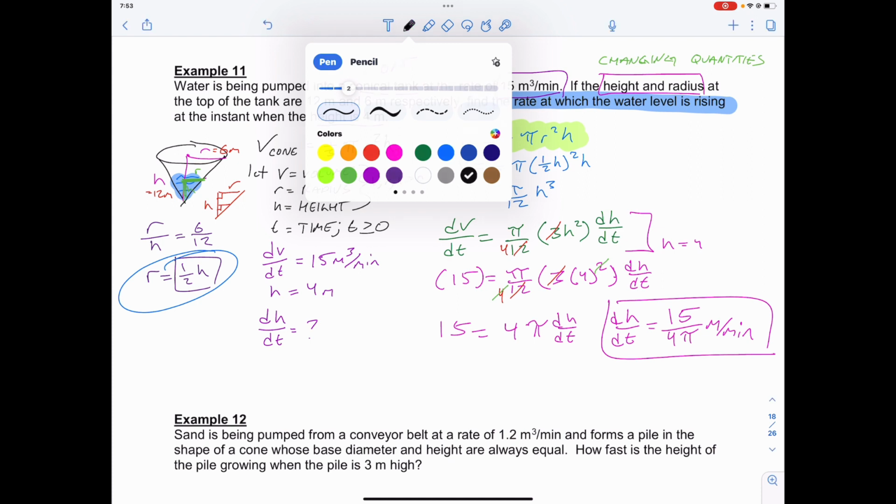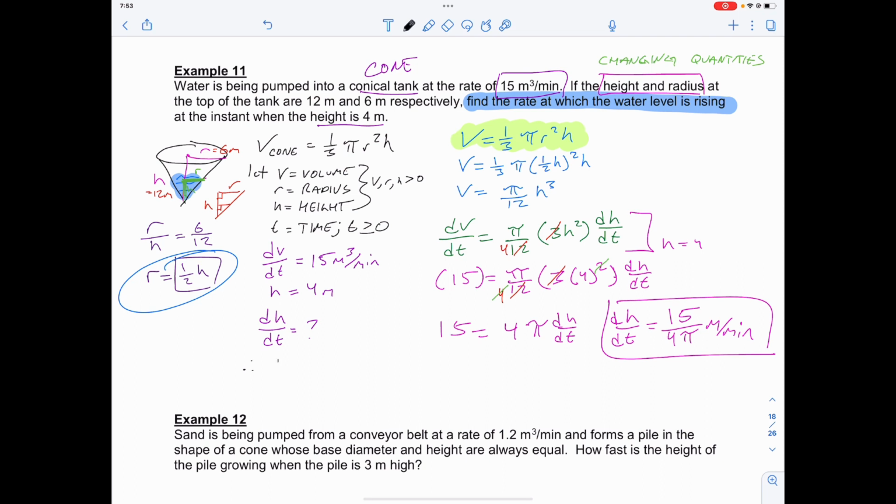So the water level is rising at a rate of 15 over 4 pi meters per minute when the height is 4 meters.